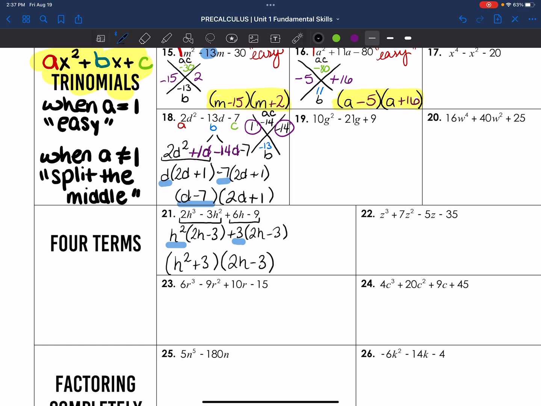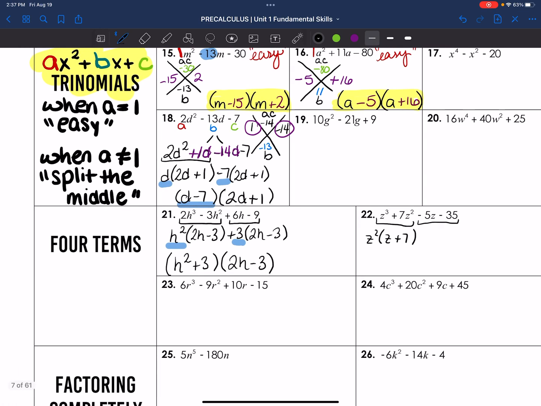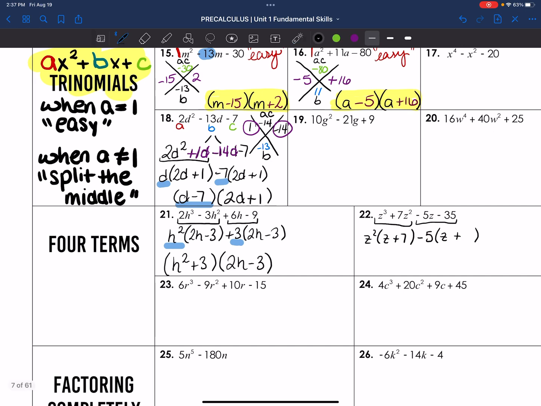All right. So here we have group up the first 2, group up the second 2. From the first grouping, our GCF is z squared, and left inside would be a z plus 7. From our second grouping, the GCF would be a negative 5, because we can divide a negative out of both of those, and the result is a z and then a plus, because the negative times the negative gives you the positive, and then once again 7.